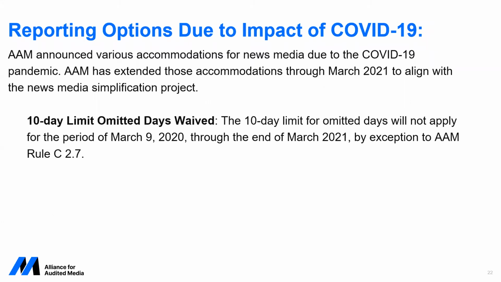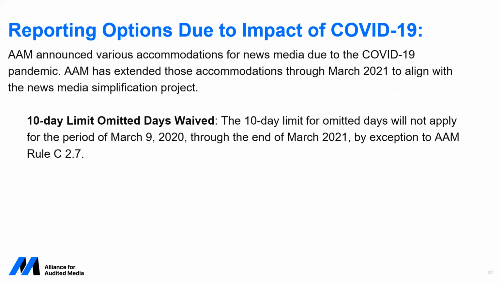Because of COVID, we have all been affected. Hopefully we're starting to come out of COVID, and as more and more things happen with the vaccinations, hopefully we're going to nip this in the bud soon. But it has been a heck of a year for all of us, and AAM recognizes that. So we did put things in place for you when you report your distribution. There have been some options due to the pandemic.